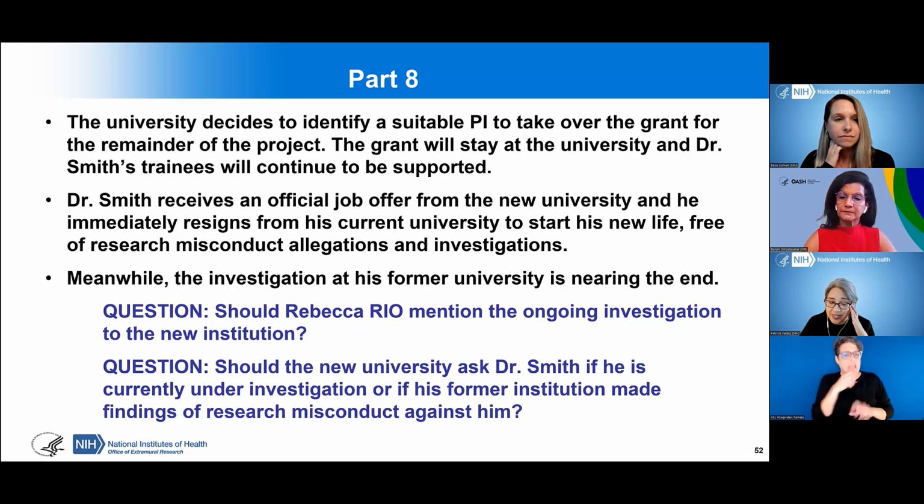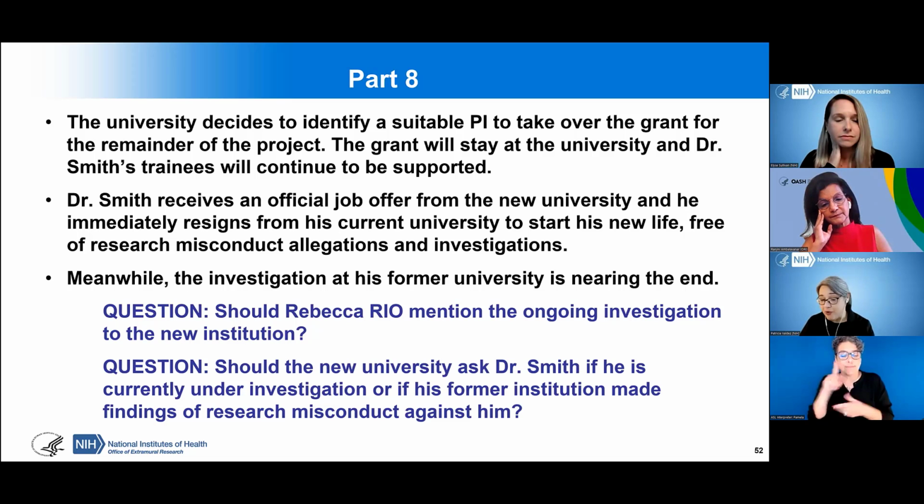But as David mentioned, if we know there's an ongoing investigation that involves a grant, then the data in the grant, that's something you'll come to us and we can help work that out. As I mentioned, we could hold it until you're done with your investigation and then go from there. And if the grant ends up moving, we would ask the first institution's permission to share our own investigation report if possible.